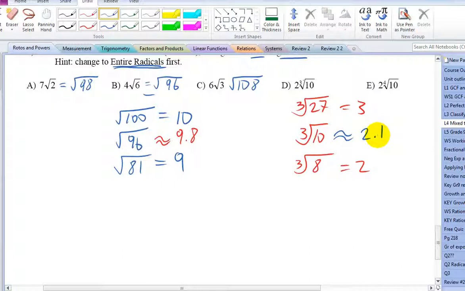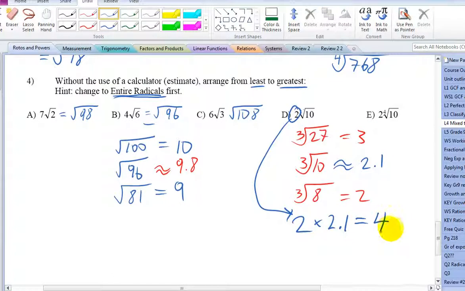So what we have here, though, don't forget the beginning one. We have 2 times 2.1. Whereabouts is that going to be? 4 point something. Okay.